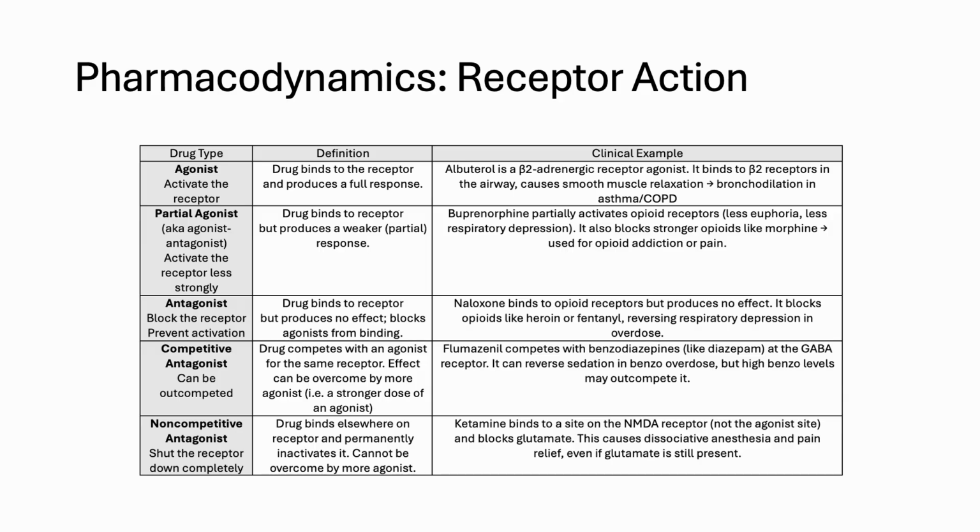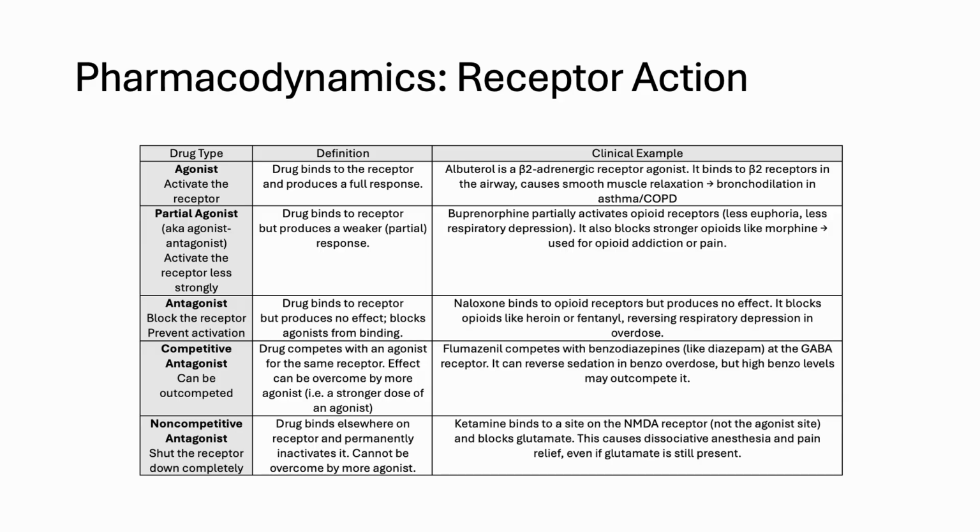Compare that to a partial agonist. It binds to the receptor, but it doesn't have the full response. It's also called an agonist-antagonist, which I kind of find confusing, so I like to call it a partial agonist. It works, but it doesn't have the full effect. An antagonist binds to the receptor and it blocks agonists from binding.